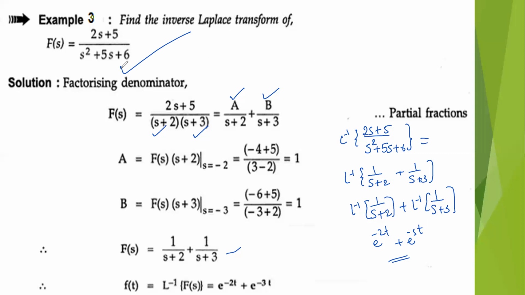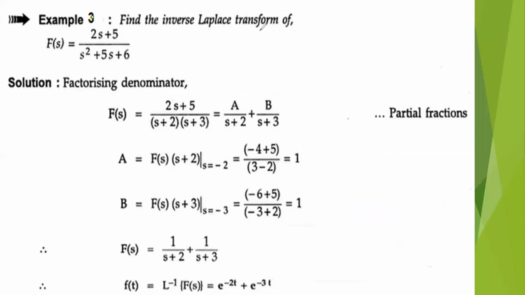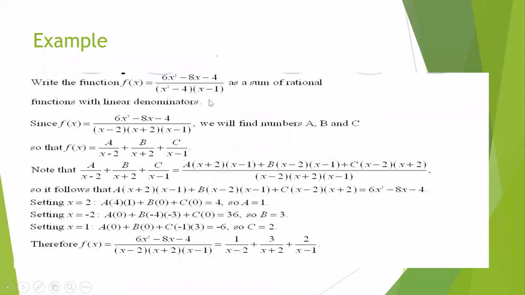Let us see a few more examples. In one more example we can see a quadratic factor also. Here 6s square minus 8s minus 4 divided by s square minus 4 into s minus 1 is split by using partial fractions.